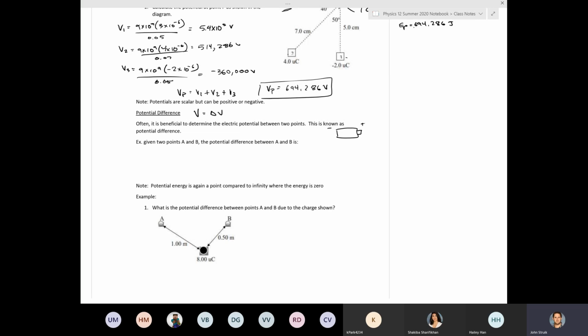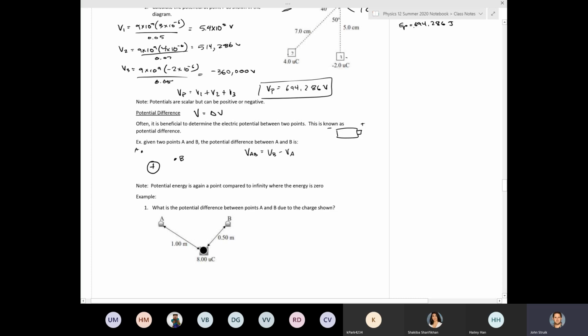It's beneficial to find the difference between 2 points. So if I have a positive charge right here, and I have point A and point B, the potential difference between A and B, so VAB, will actually be VB minus VA.